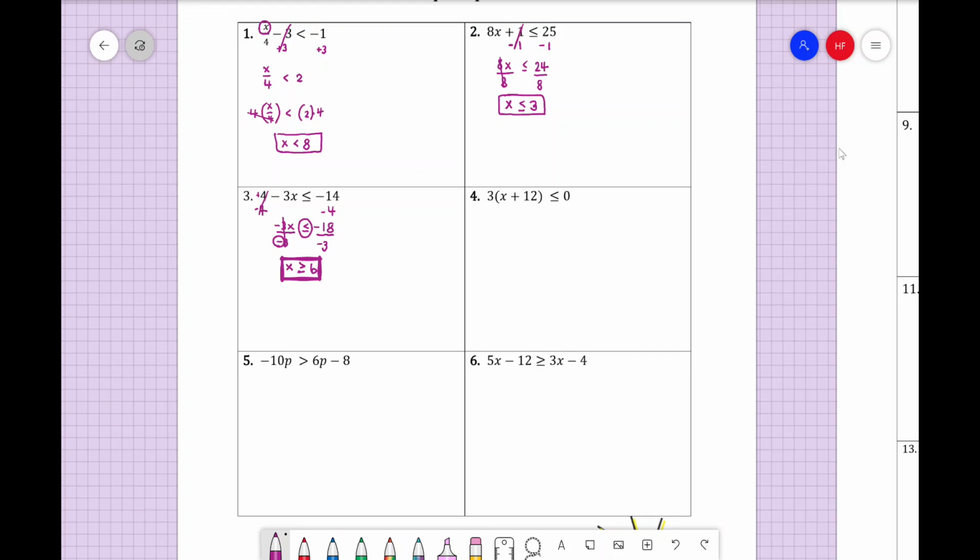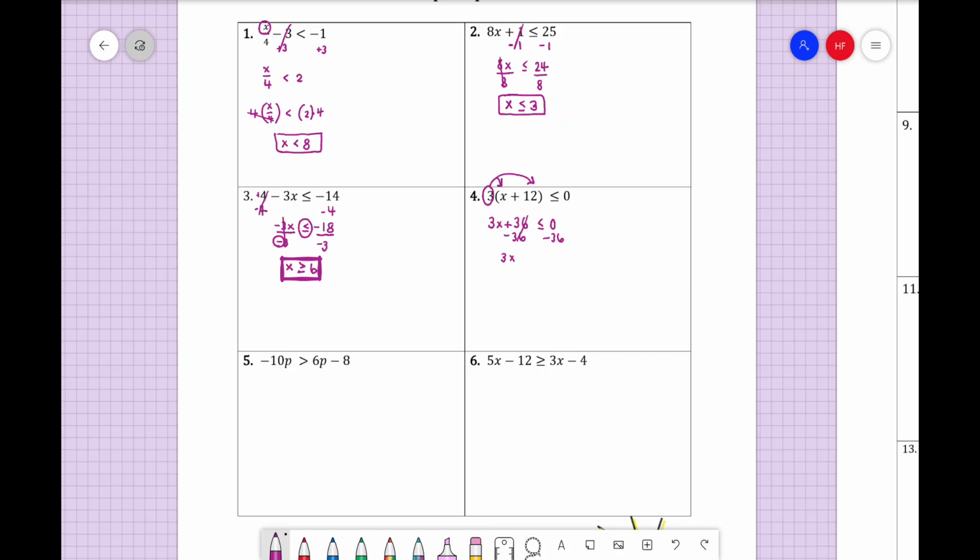And on number 4, we've got to distribute. Oh, excuse me. So we're going to distribute that 3. So 3 times x is 3x. 3 times 12 is 36. Less than or equal to 0. I need to isolate the x. So I'm going to get the constants over to one side.